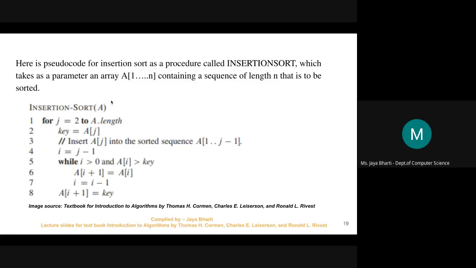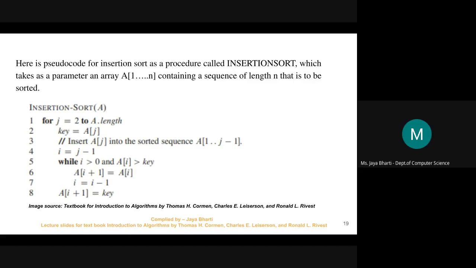Then we need to start from j is equal to 2. 2 means second position. Why are we going to start from the second position? Because whatever card or value is in the first position, we cannot compare it with anyone. So for that purpose we start with j is equal to 2, the second position.